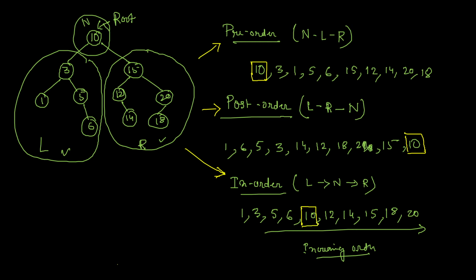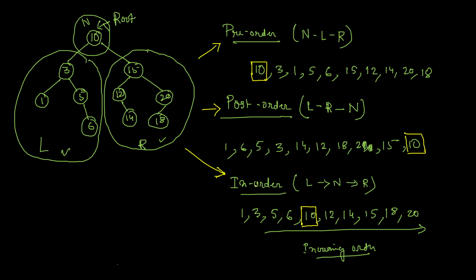Now see, if I ask you which traversal orders are needed for recreating the binary search tree, you have to understand two things. First is what is the root of the binary search tree, and then what numbers should be present in the left of the root and what nodes will be present in the right of the root.